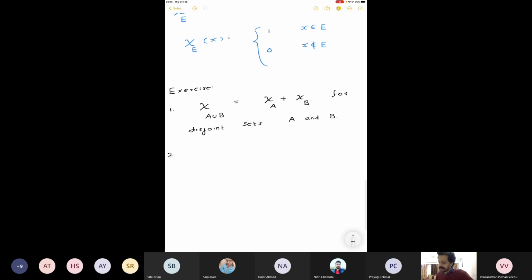Another property that we may need, you can establish as an exercise. It's not difficult, just the definition.